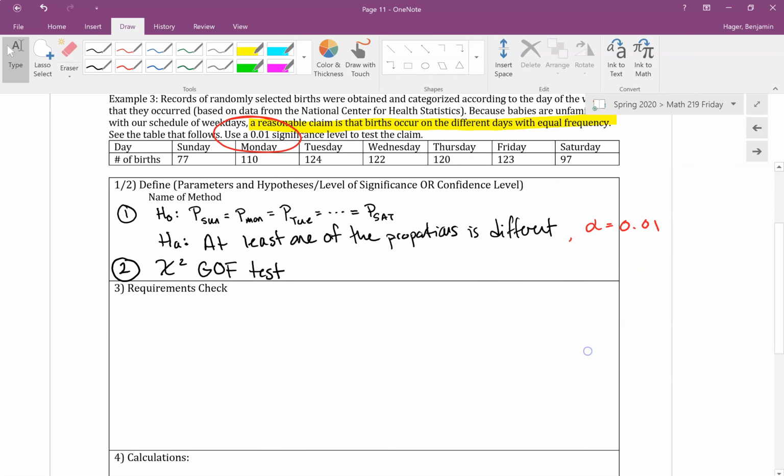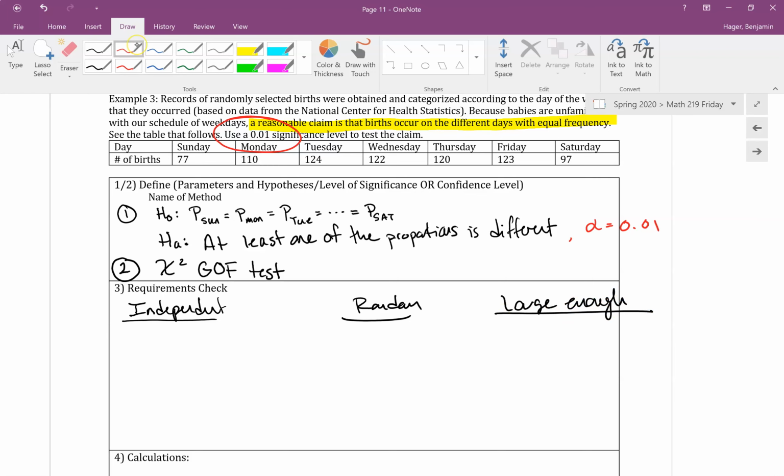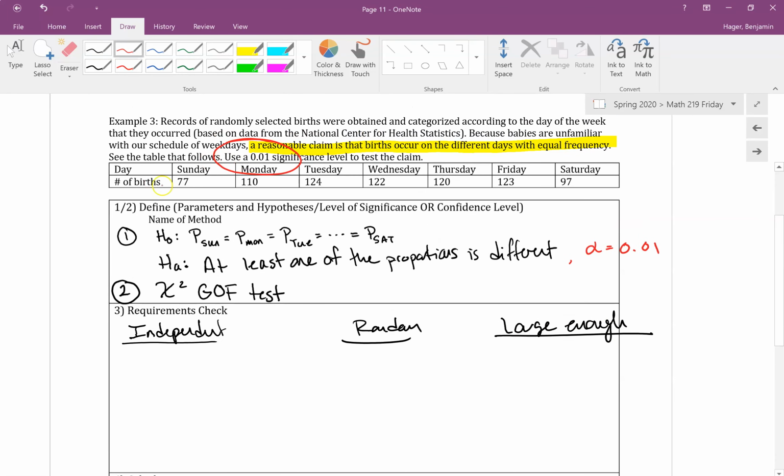All right. Let's check our requirements. If you add up all the births we have here, let me just verify. I have a total of 773 births.